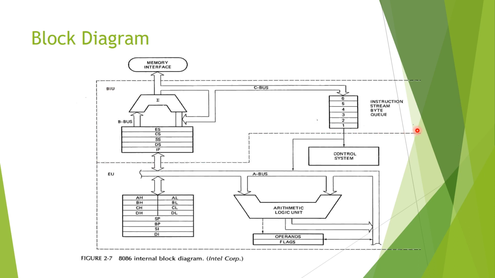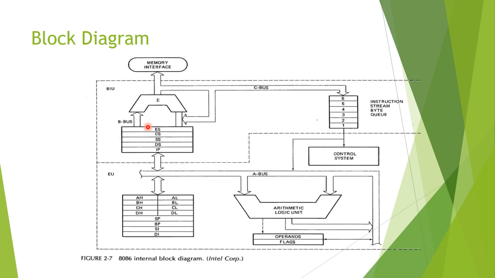So this is the BIU that includes all the segment registers that hold the starting address of the active segments, that is the extra segment register, code segment register, stack segment register, and data segment register. Along with this, it has the IP, that is the instruction pointer, that holds the offset for the code segment.